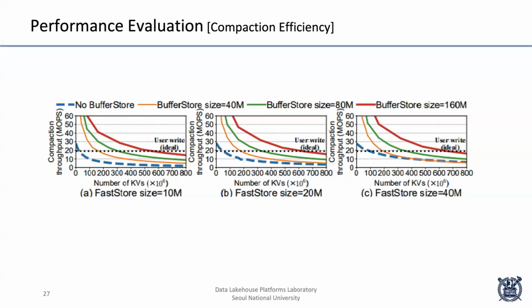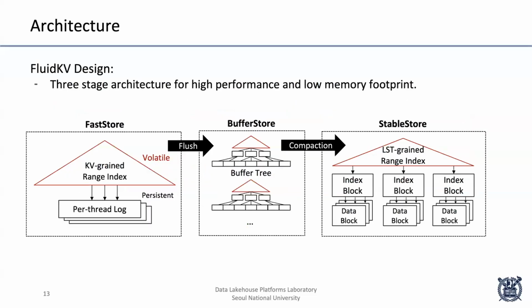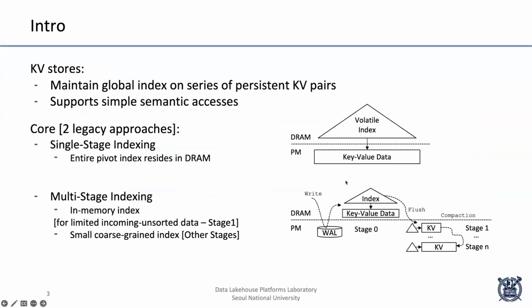Then what's the key contribution? The key difference of their system from other systems is that usually only the memtable serves fast reads, and the rest serve significantly slower reads compared to DRAM-only indexes.